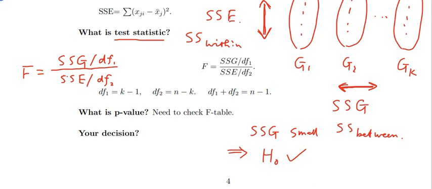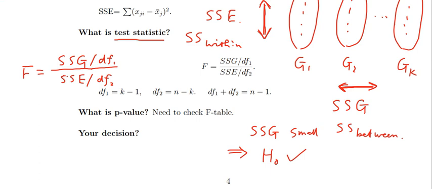So here we need to understand how to calculate SSG and SSE, how to find this F value, and how to determine whether the F value is big or small.